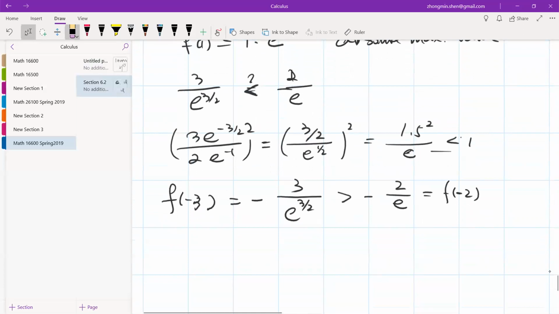So f of negative 2 is going to be the absolute minimum value. Okay. f(-2) is the absolute minimum value.